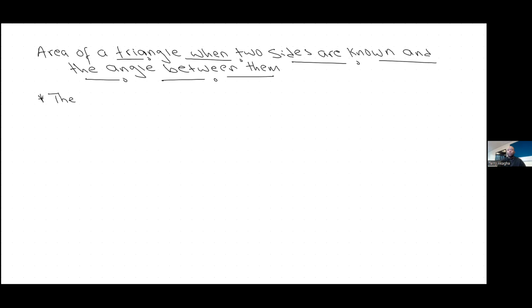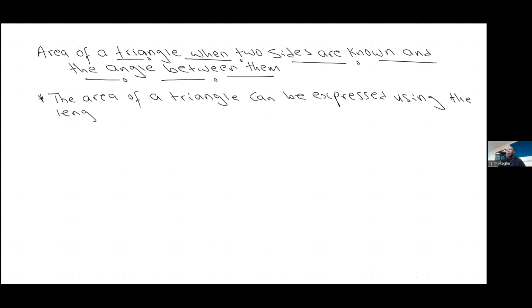So the area of a triangle can be expressed using the length of the two sides. So we have the two sides, okay? And sine of the included angle.